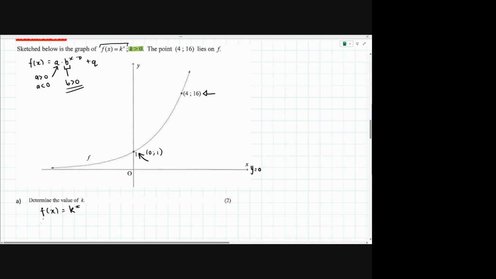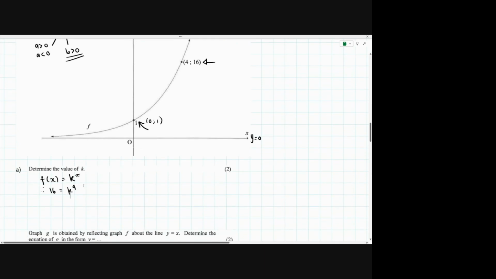So we're going to substitute in, which is 16 is equal to k to the power 4. And then, guys, this is the most basic of exponential equations. There are two different ways you can do this. Either you can fourth root both sides, bearing in mind that any even root must get a plus or minus.